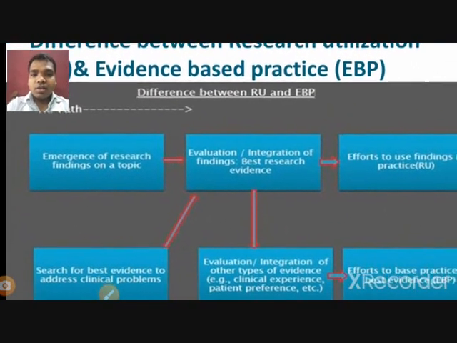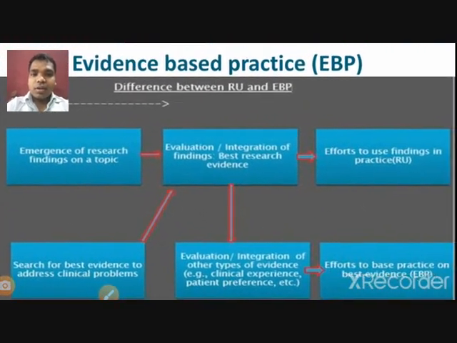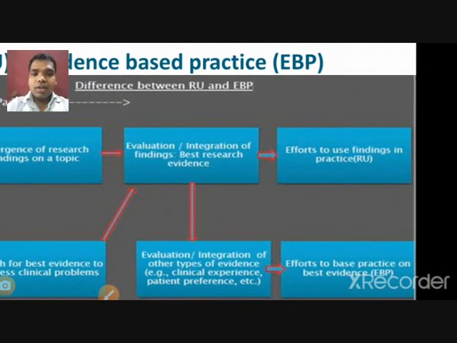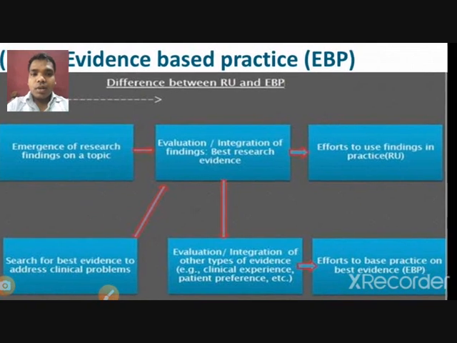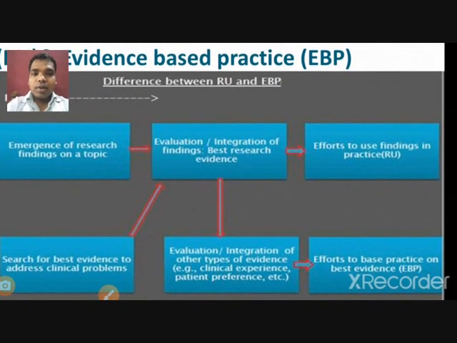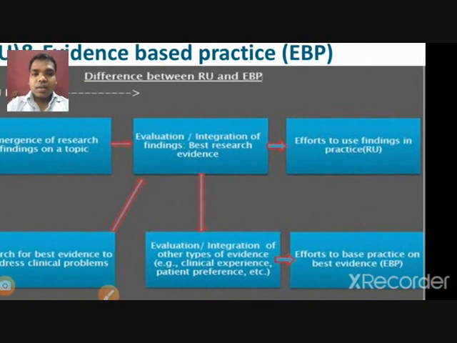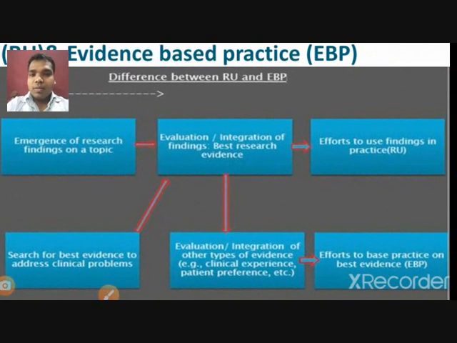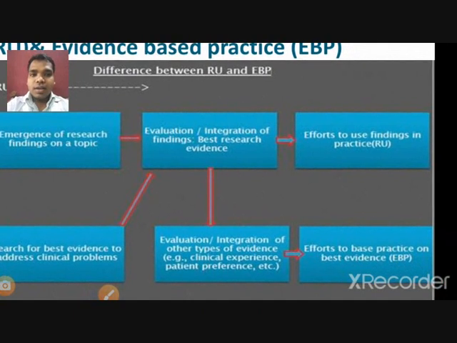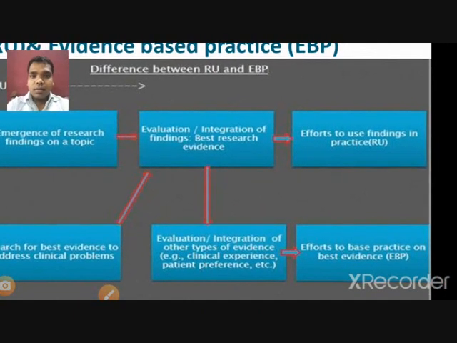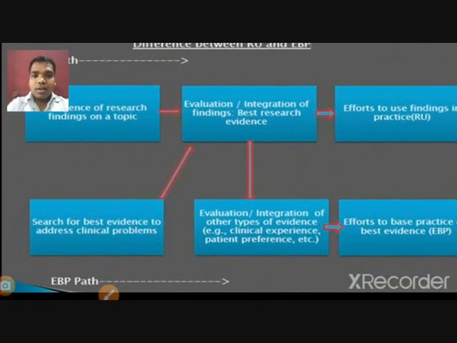In this, the emergence of research finding on a topic is raised to evaluation and integration of findings, the best research evidence, which was seen in the previous slide. Then efforts to use findings in practice, RU.